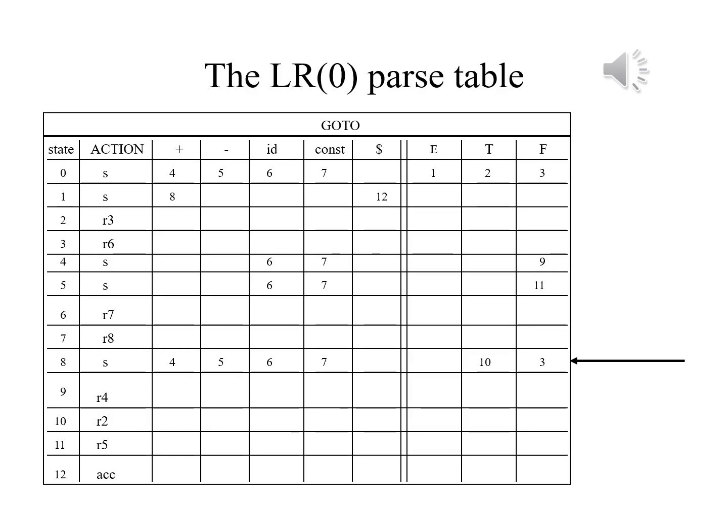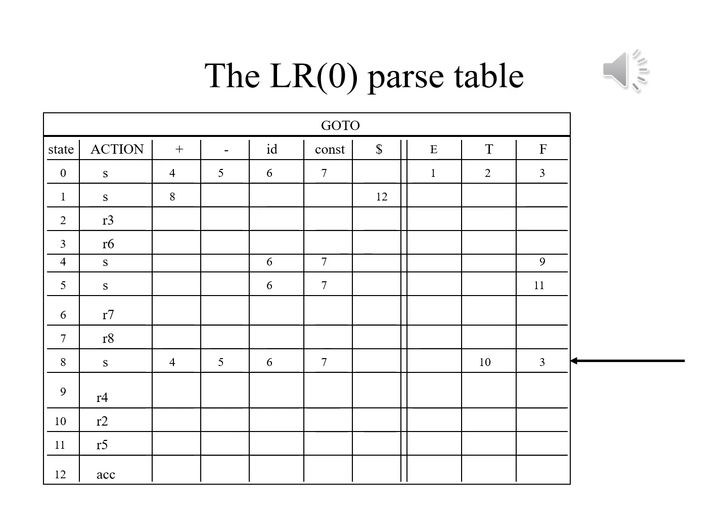State 8 has 6 non-final items: E derives E plus dot T, T derives dot plus F, T derives dot minus F, T derives dot F, F derives dot ID, F derives dot const. Therefore, the action is shift.